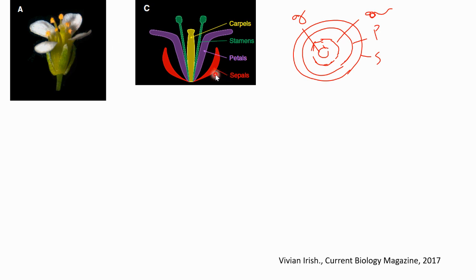From outside to inside, there are sepals, petals, and the yellow filamentous structures, which are the stamens. The innermost whorl consists of carpels, or pistils, the female reproductive part, while the stamens are the male reproductive part.